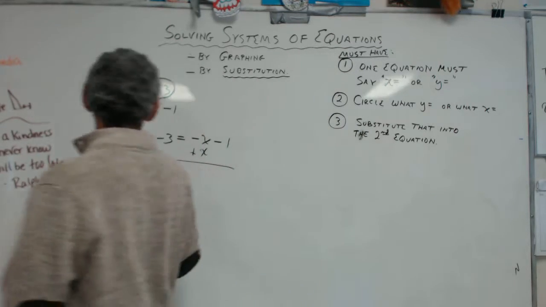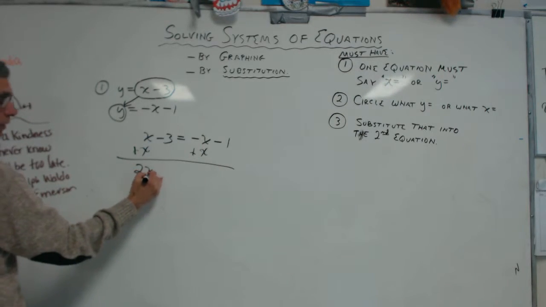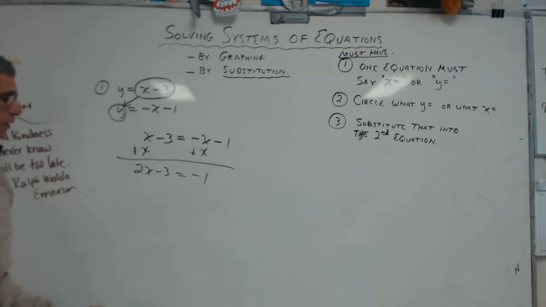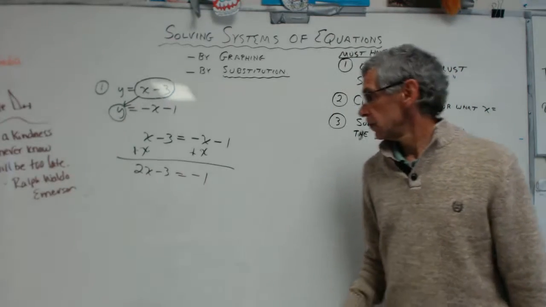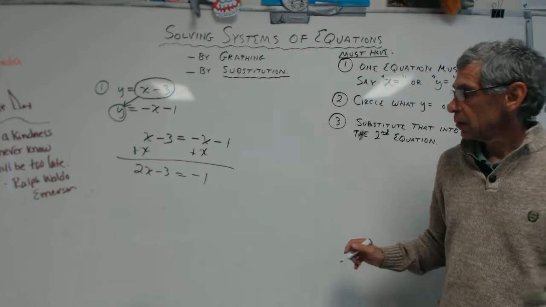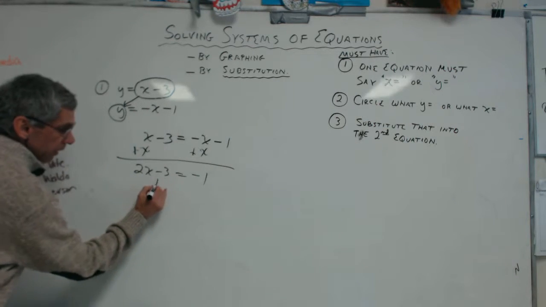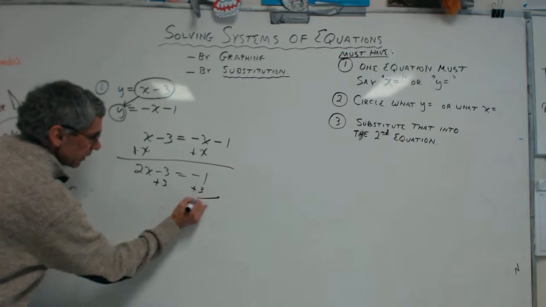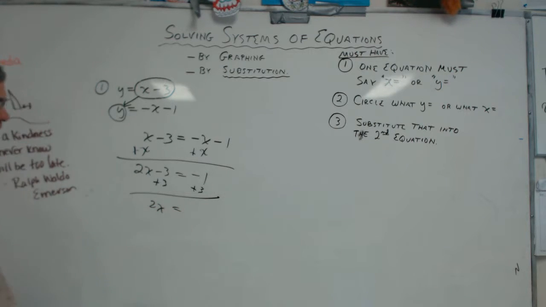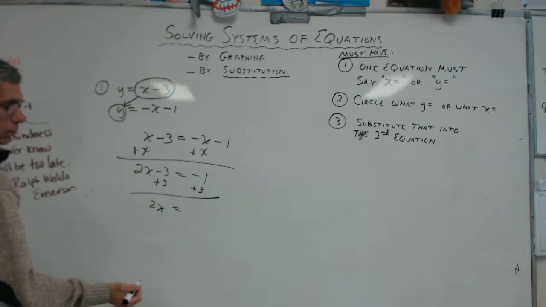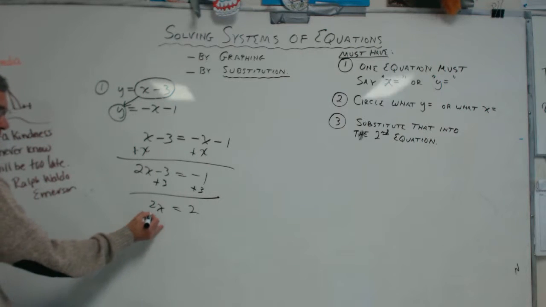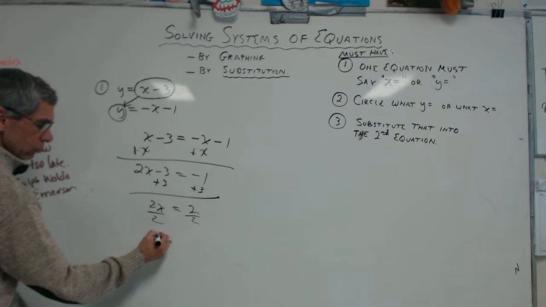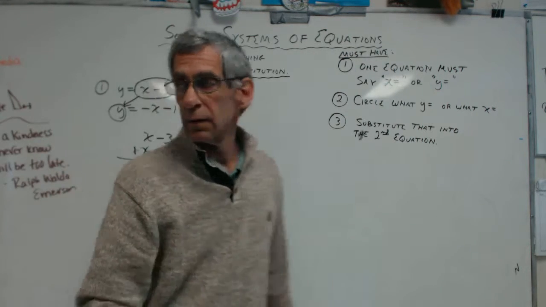How many x's now do I have over here? 2x minus 3 is equal to negative 1. Now what would I do? Plus 3, good. Add 3, add 3. So I have 2x is equal to 2. Then divide by 2, divide by 2. x is equal to 1. All right?